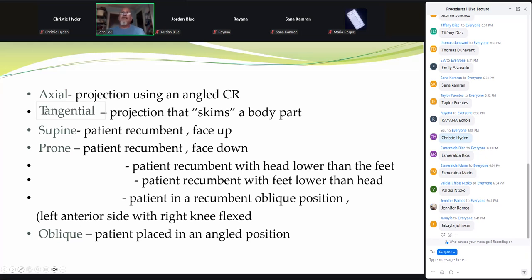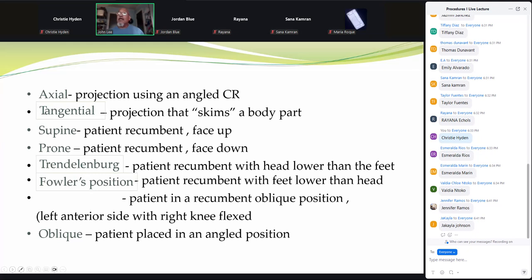Supine is a position of the patient when they're recumbent with their face up. Prone is that same patient recumbent but face down. When a patient's recumbent with their head lower than their feet, the term for that is Trendelenburg. And when the feet are lower than the head, that's Fowler's.